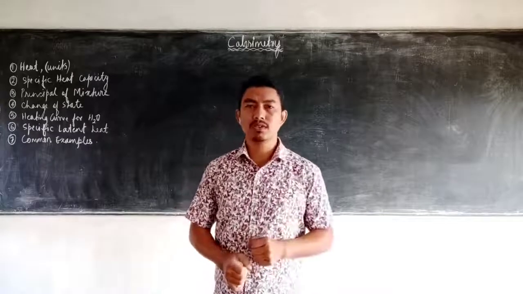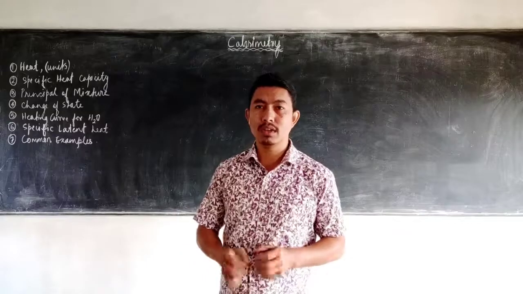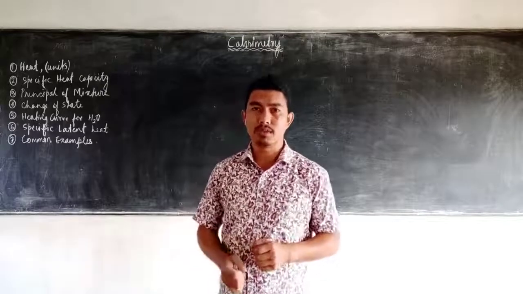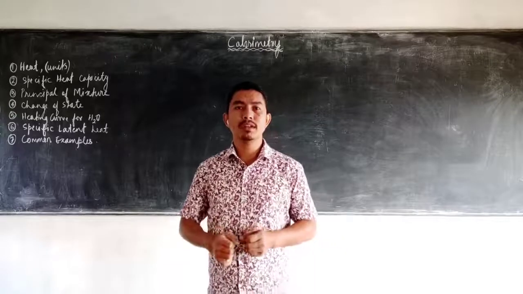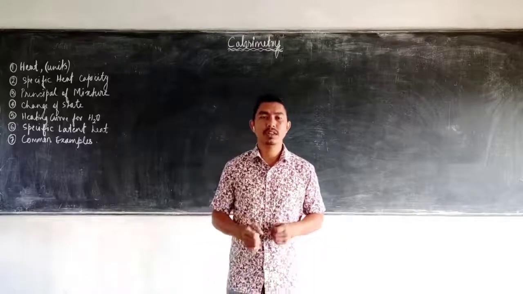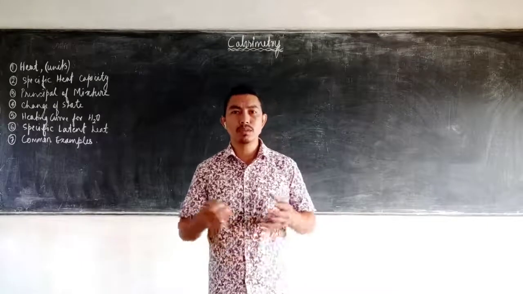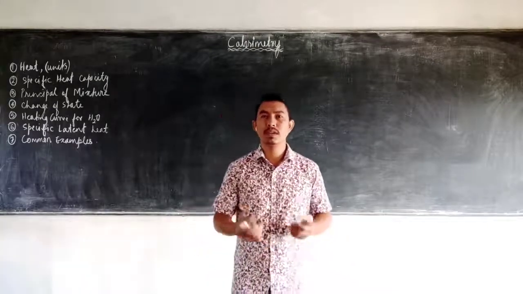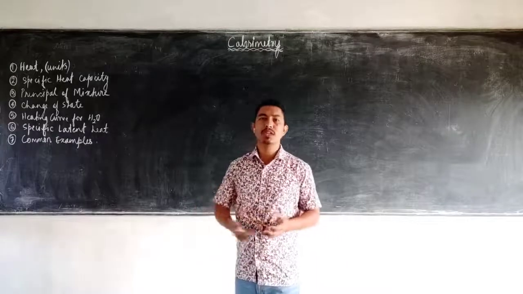In the second postulate, we learned that these particles are always in random motion. In the third, we studied that with an increase in temperature, the molecular motion also increases. So when we supply heat energy to a body, its molecular motion increases.